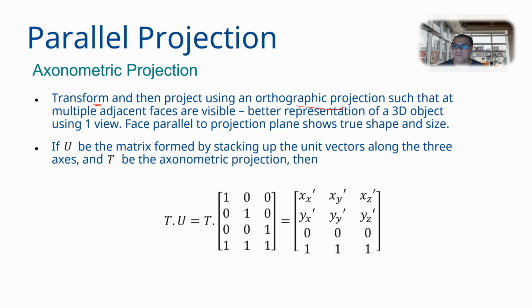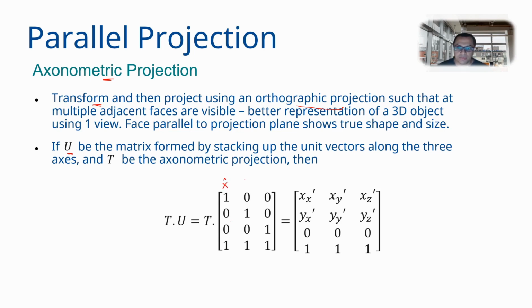We have to characterize axonometric projection just like we did for orthographic projection. We said we have a top view, front view, side view. So what are the kinds of axonometric projections which are there? To do that, let us construct this matrix U by stacking the unit vectors along the X, Y, and Z axis.